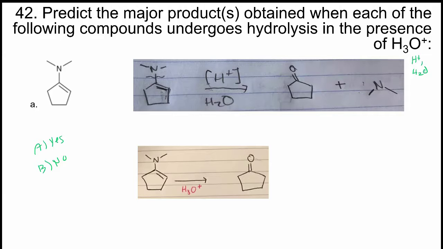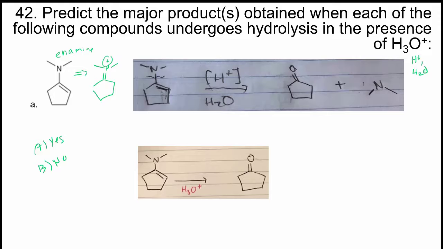All right, this one's a little bit harder to see because it is the enamine. Most of you voted for yes for this one. But the way to go about this, if you're doing the backwards thought process here, is if this is an enamine, because this is not an N double bond to something, the one step back from here, you can think about it would be the N with the positive charge.